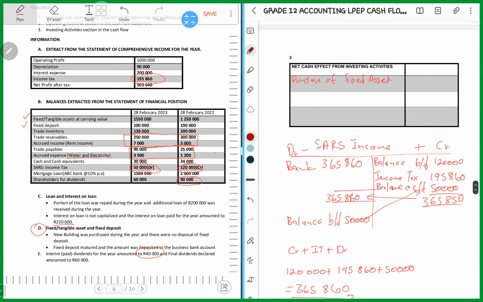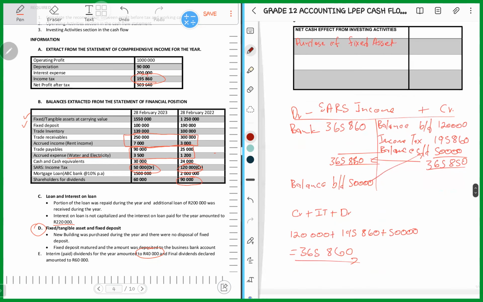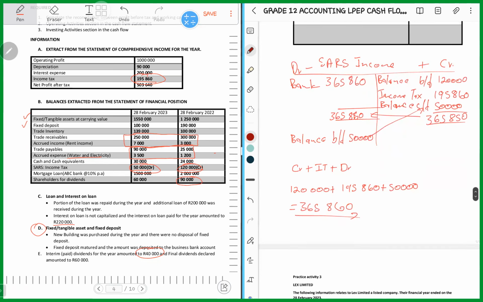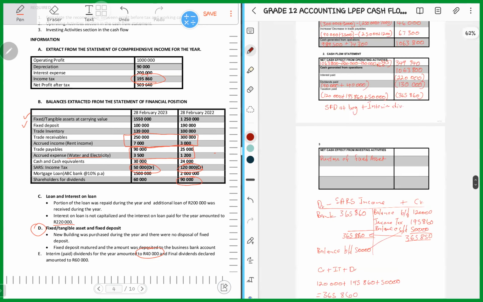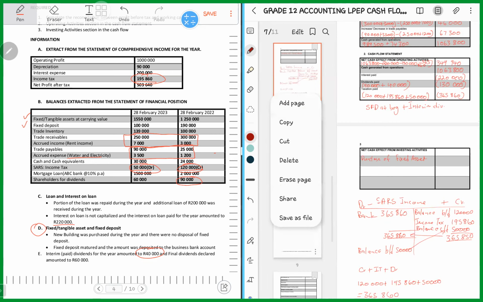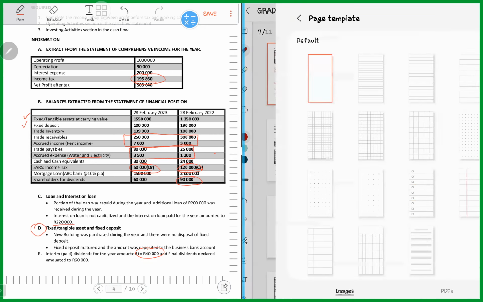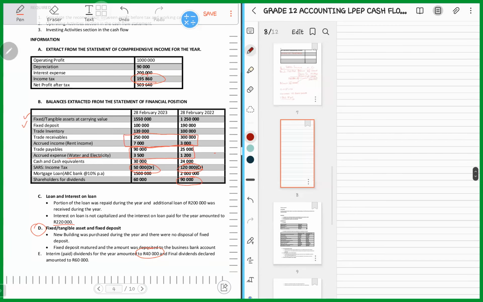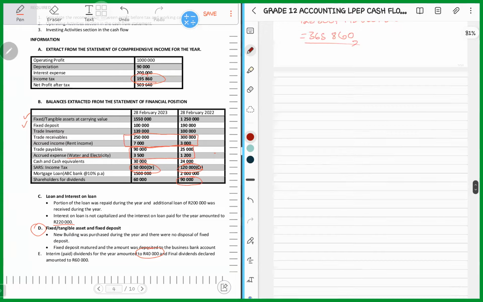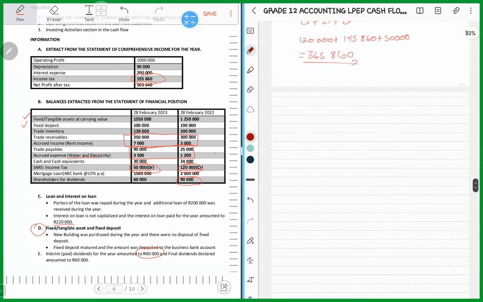But we know that land and building does not depreciate. Still, we are compelled to use the depreciation to find the additional land and building that was purchased. So now let me show you this formula. If you are familiar with mathematics, it is going to be easier for you to solve it.